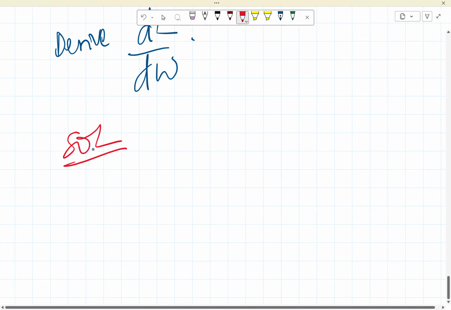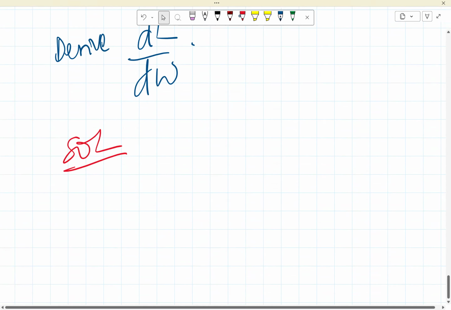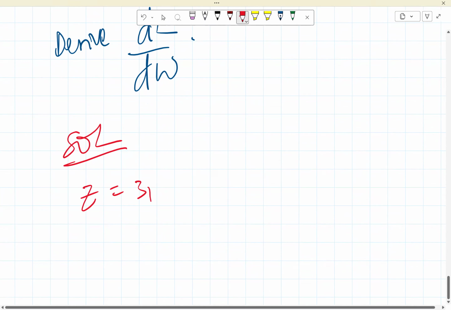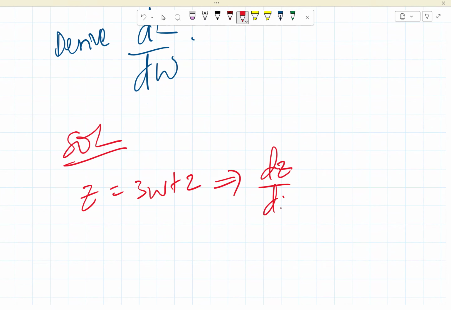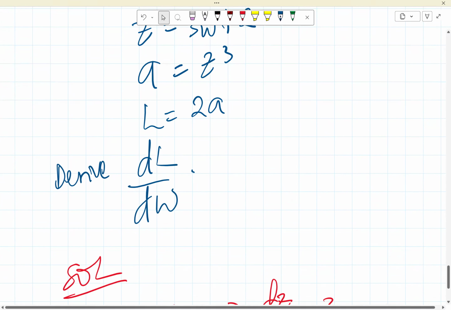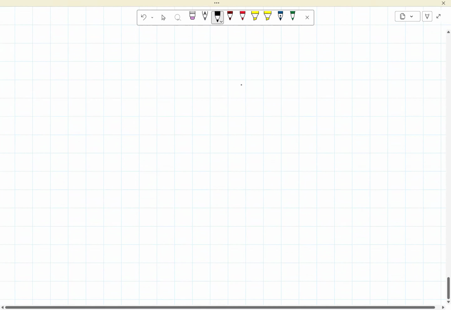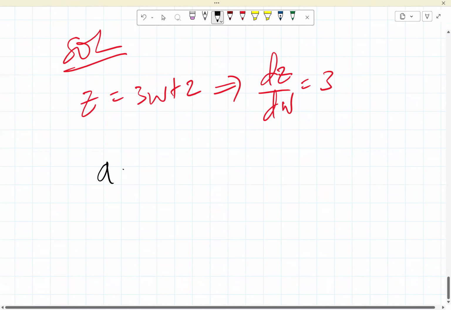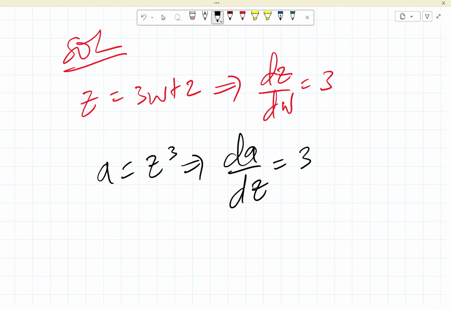So we need to compute the local derivatives. If Z is 3W plus 2, that implies that dZ/dW is equal to 3. Then next, we have A is Z cube, which implies that dA/dZ is equal to 3Z squared. And of course, we know Z to be 3W plus 2, so we can fix that up straight up.